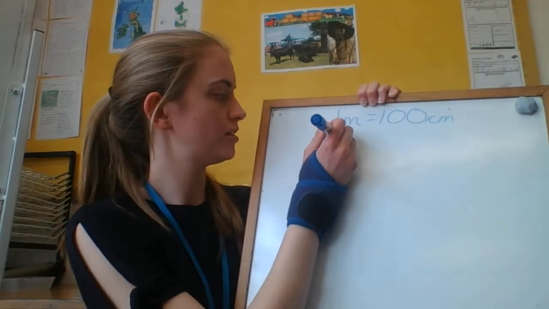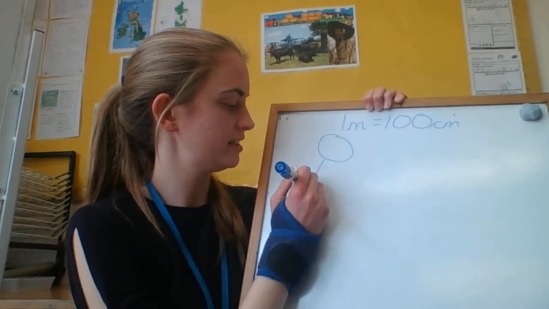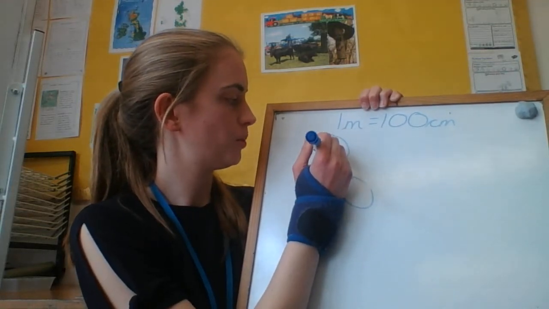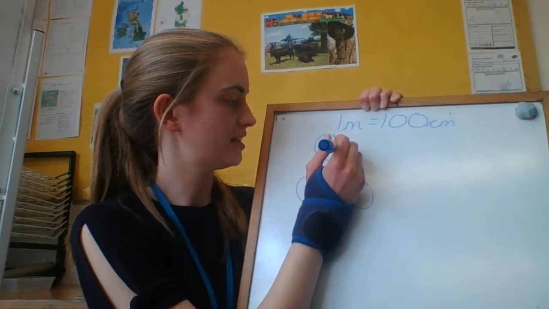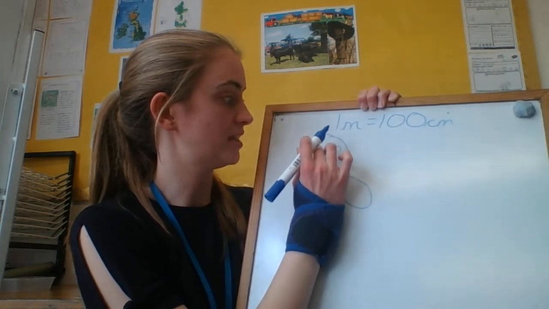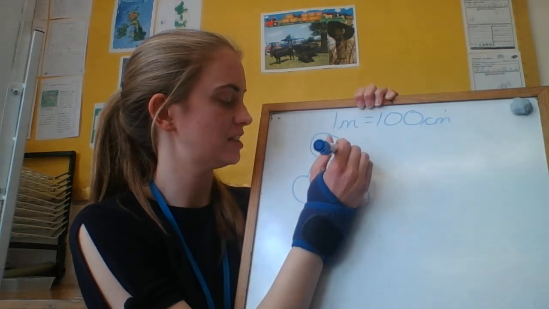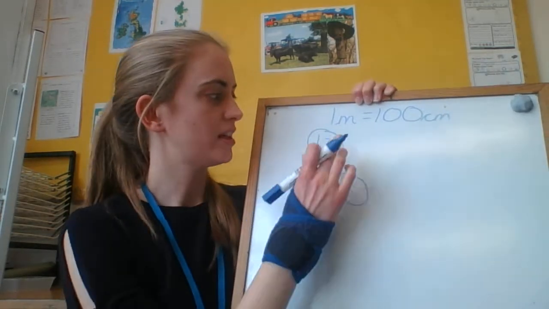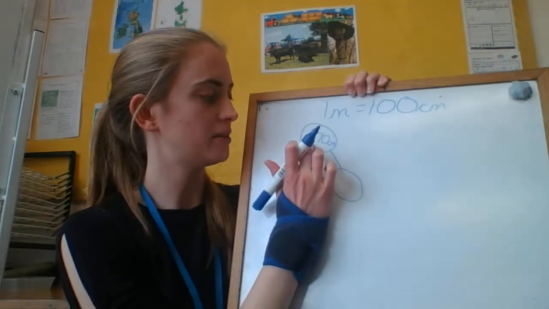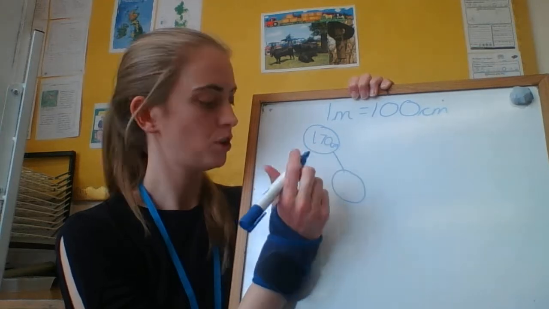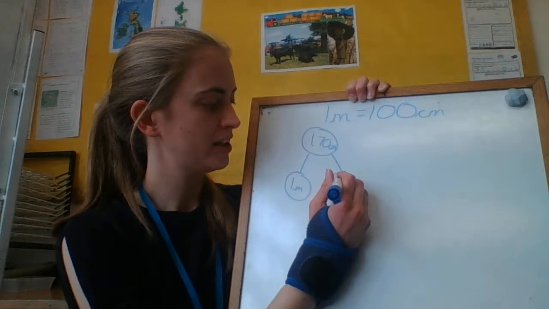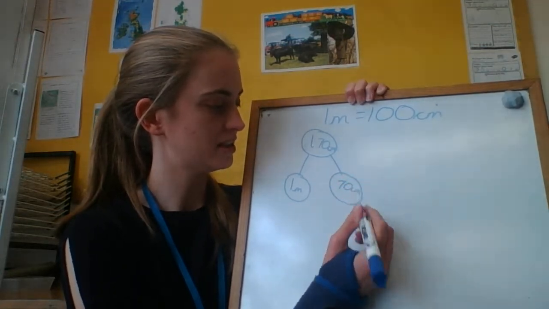So if I've got a part-whole model like this, and I have got in here 1 metre and 70, I would be writing this as 170 centimetres. I know that 1 metre is 100 centimetres. So the metres are how many hundreds I've got. And I've got 100. So that's 1 metre, 70 centimetres.